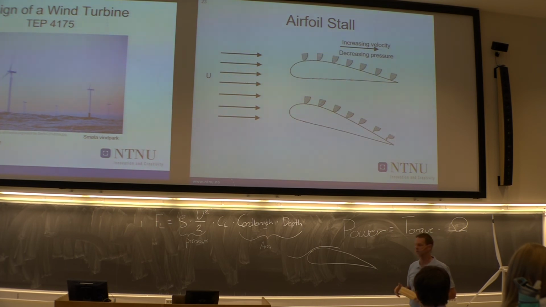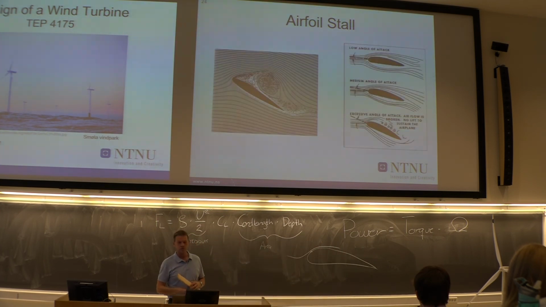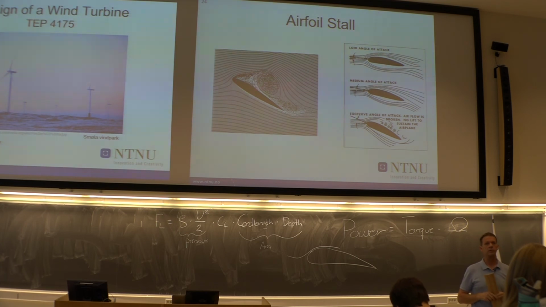And it will start at the trailing edge and it will move forward. If you go to YouTube, you will find a lot of different movies showing this. But you see here for the lower part, you get separation over more or less the whole area at one point. And that's when we define stall condition.